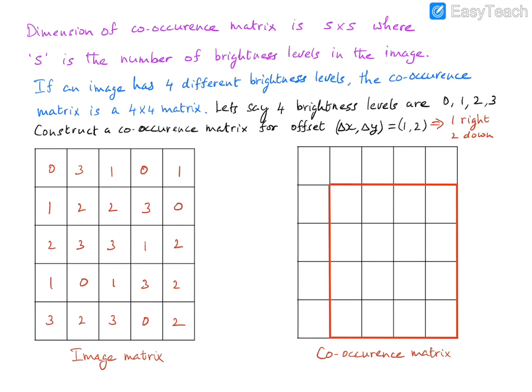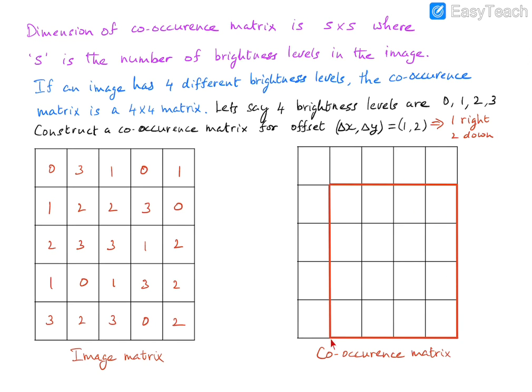Now, the co-occurrence matrix that we will produce will have a dimension of S by S, where S is the number of brightness levels. For our example, the number of brightness levels is 4, which are 0, 1, 2 and 3. Therefore our co-occurrence matrix will be a 4 by 4 matrix, with 4 rows and 4 columns.